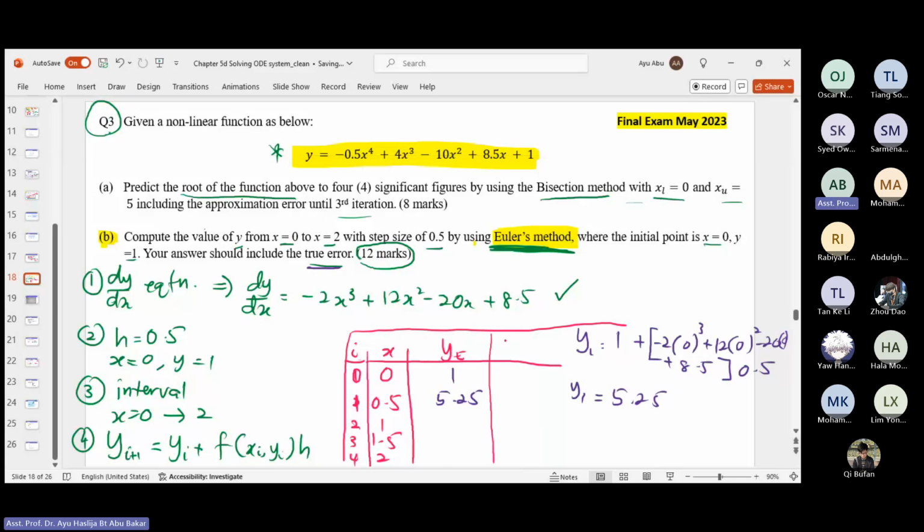This is y Euler, so y true, then your true error. For y true, the first y starts with 1 as well.